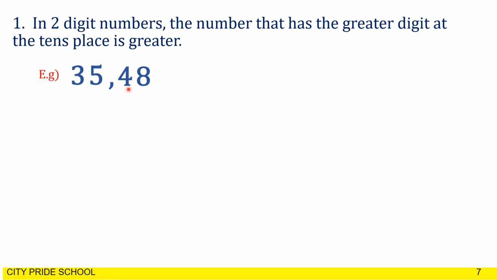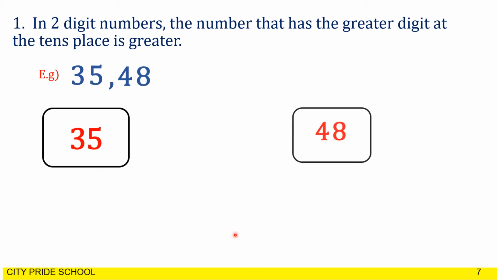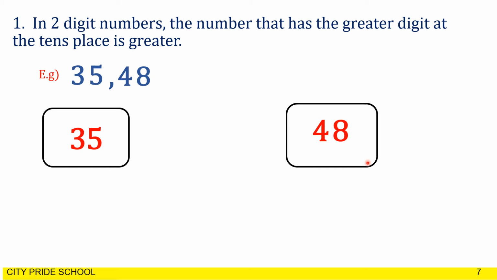Here in the tens place 4 is there and in the ones place 8 is there, right? Now 35 and 48, we have two numbers. So now let's see the tens place. In the tens place here 3 and here it's 4.